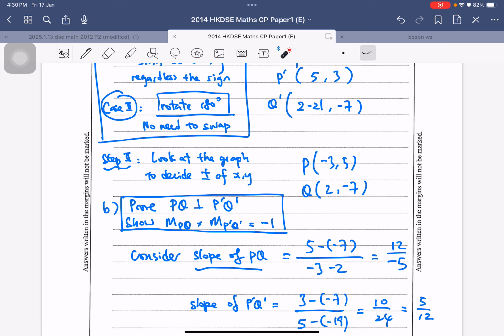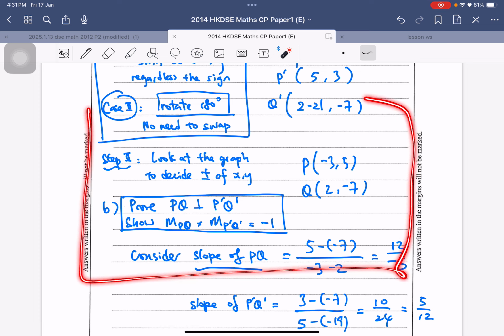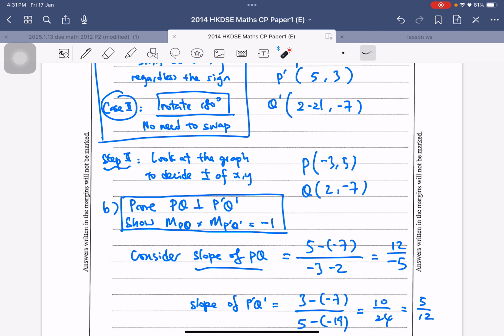And by the way, you can't write outside the box. You know why? Because when they scan the paper, they will just scan this box. Nothing will be scanned into the computer beyond this side. So whatever you wrote here, they won't see it. Even if you write, I love Eric so much, they will not see it.